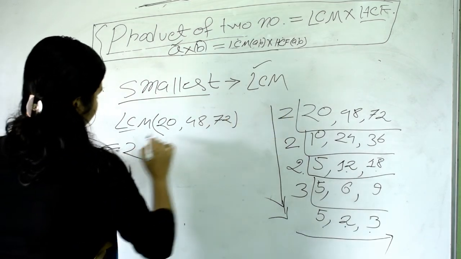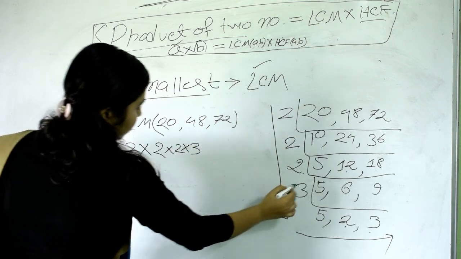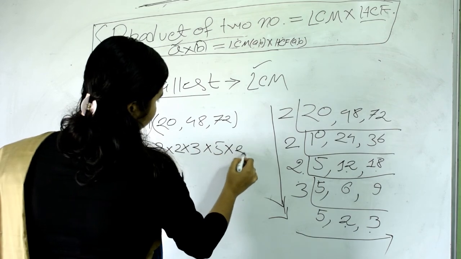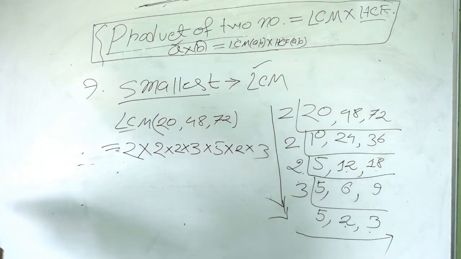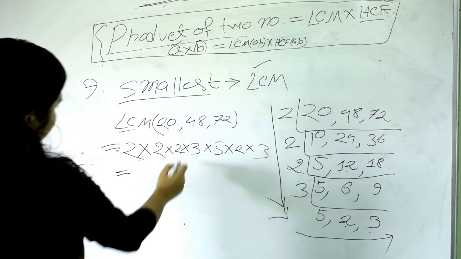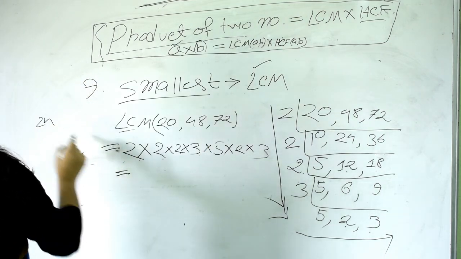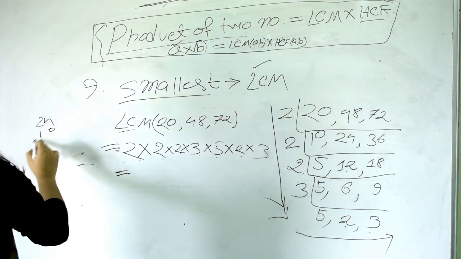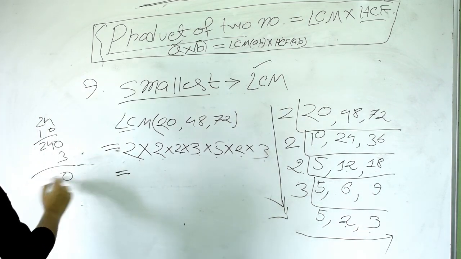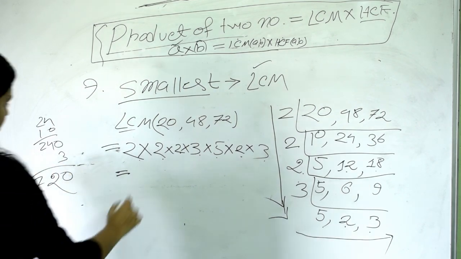So the factors are 2 into 2 into 2 into 3 into 5 into 2 into 3, which is 24 into 5 is 120, so 240 into 3, which is 720.